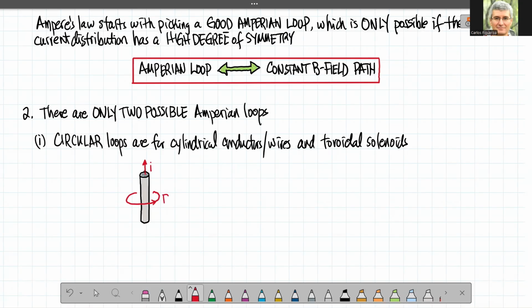So that path, my Amperian, we want to choose an Amperian, the circle to move around in a circle like that.